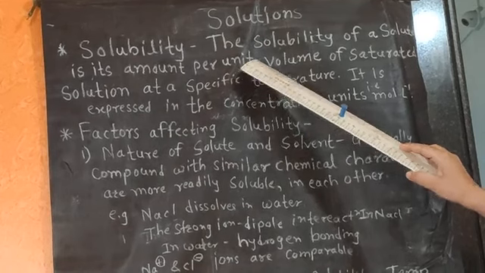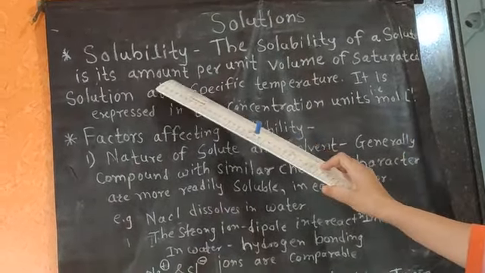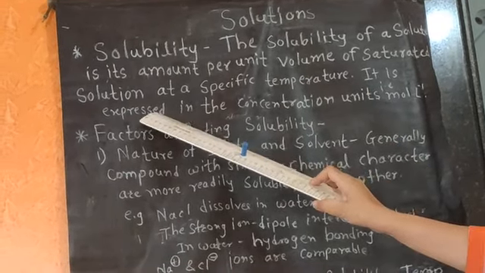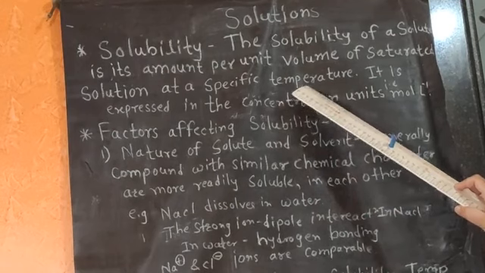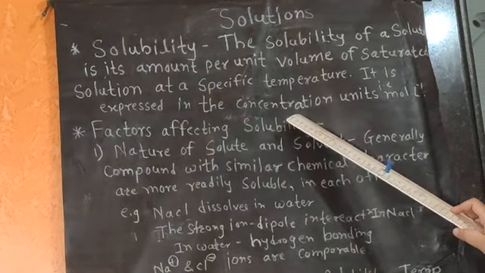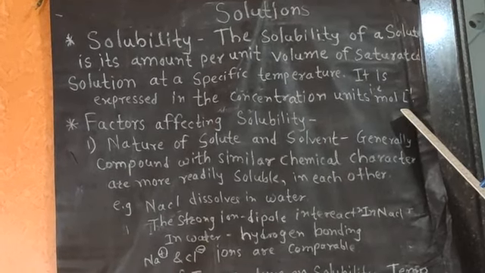The solubility of a solute is its amount per unit volume of a saturated solution at a specific temperature. It is expressed in the concentration unit, that is mole per liter.